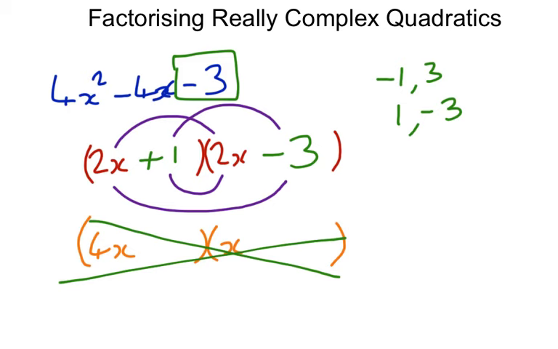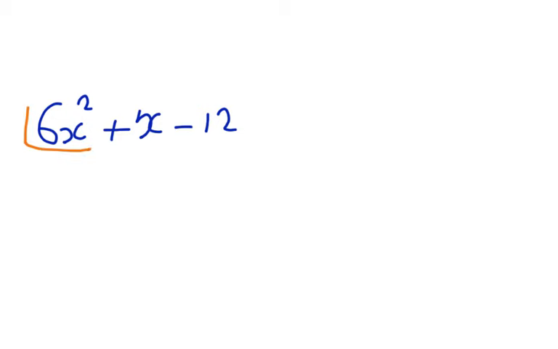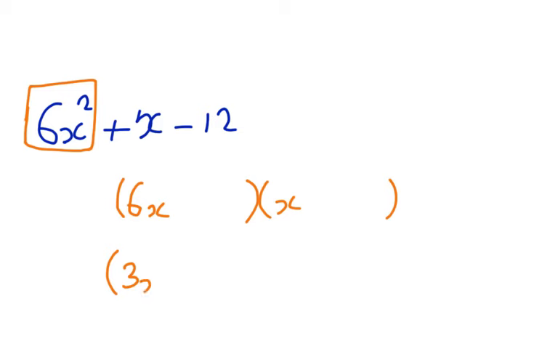Now let's look at another example. This one is 6x squared plus x minus 12. Again, for 6x squared, there are two possible pairs of brackets we could have. We could either have 6x and x, or we could have 3x and 2x to give us 6x squared.